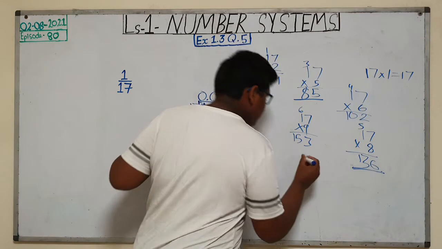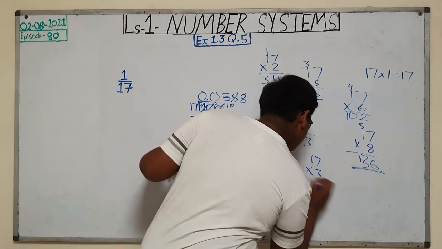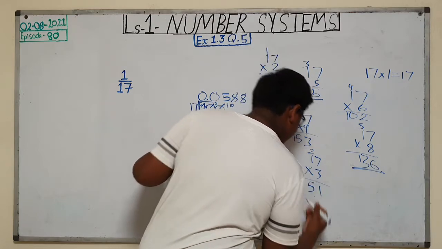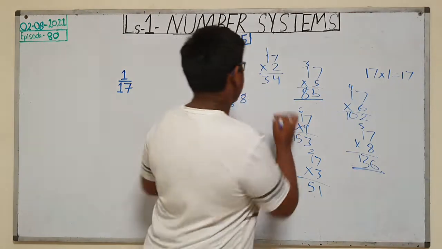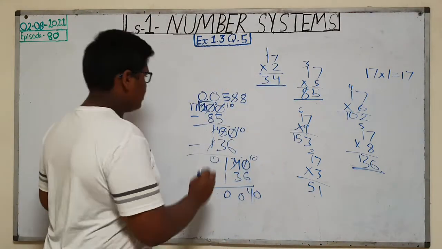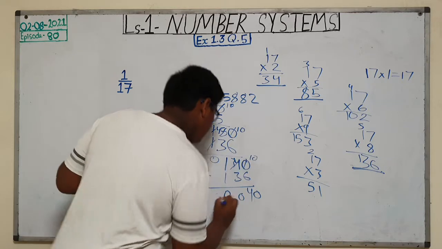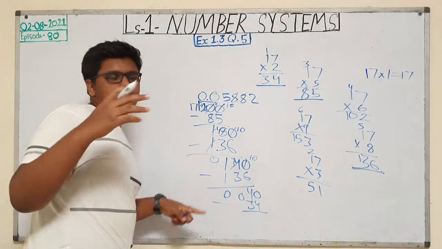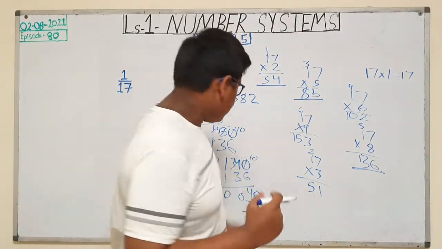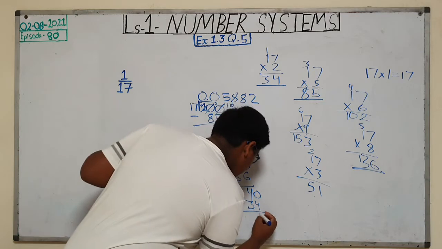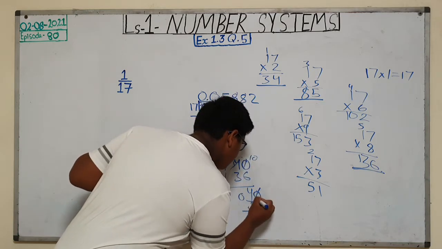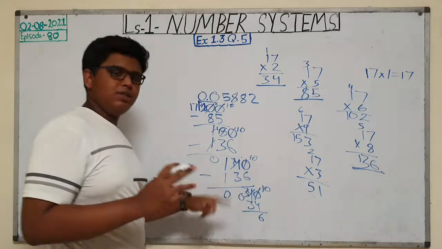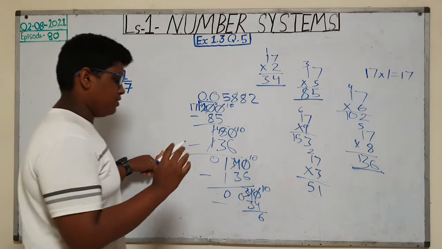What if we do 17 into 3? 7 threes are 21, 3 ones are 3, plus 2, 5. So we get 51. Let's go with 34. Now we have 2 over here and write 34. As simple subtraction, 40 minus 34 is 6. If you want to check, 10 minus 4 is 6 and 3 minus 3 is 0. Now we have 6 as the remainder.